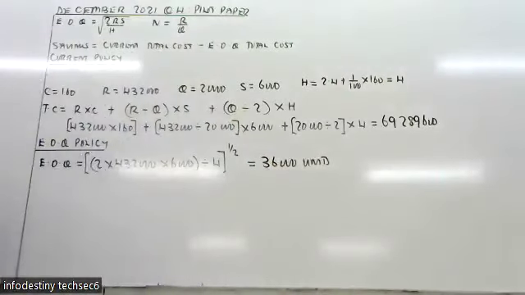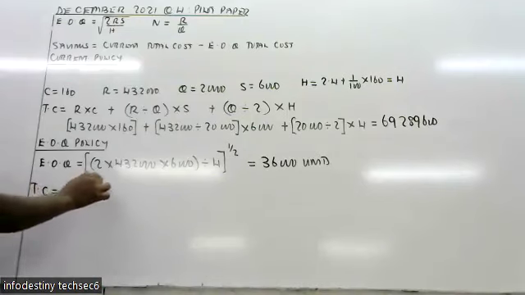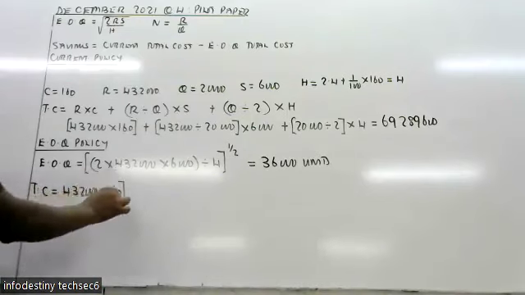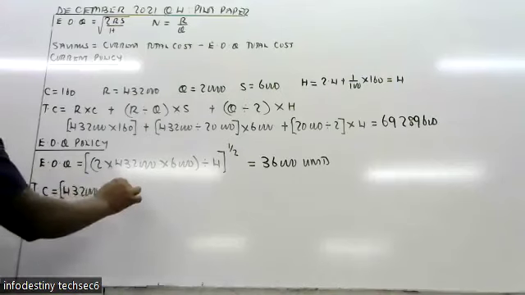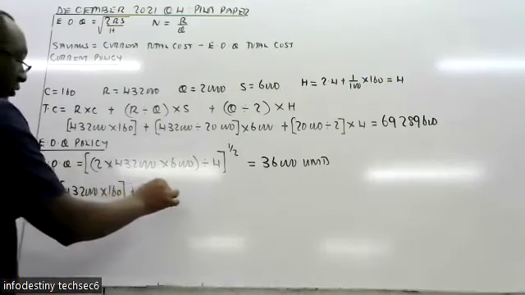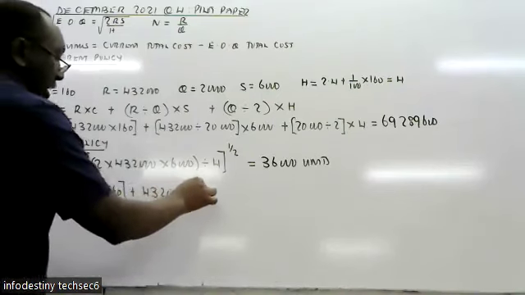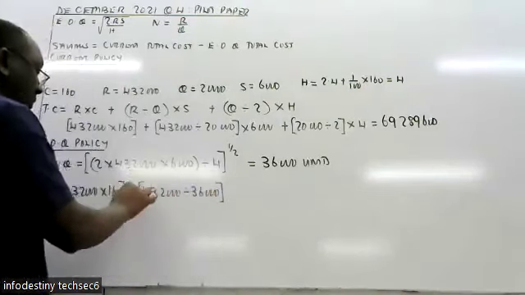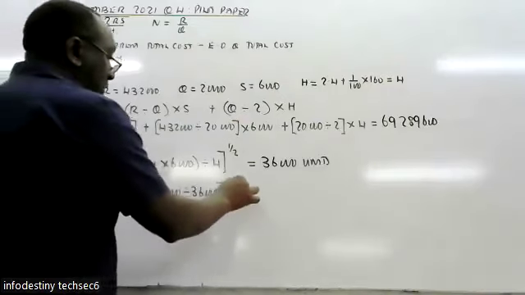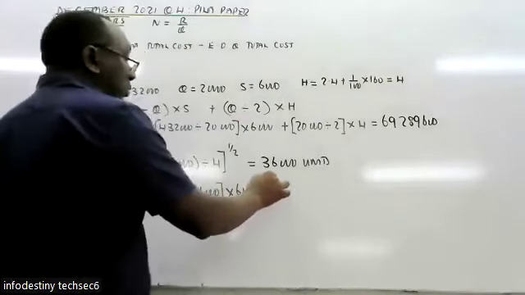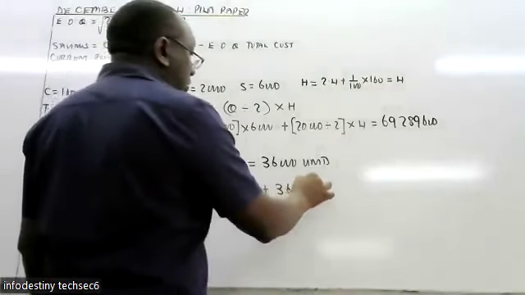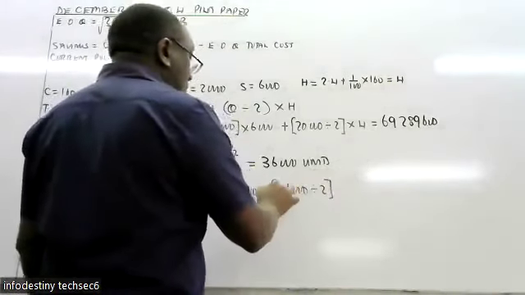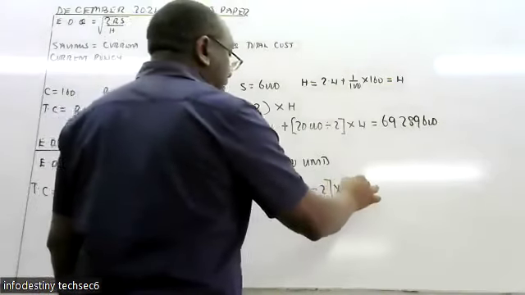So with that 6,000 units, the total cost will then be 432,000 multiplied by 160 plus 432,000 divided by 6,000 multiplied by 6,000 plus 6,000 divided by 2 multiplied by 4.